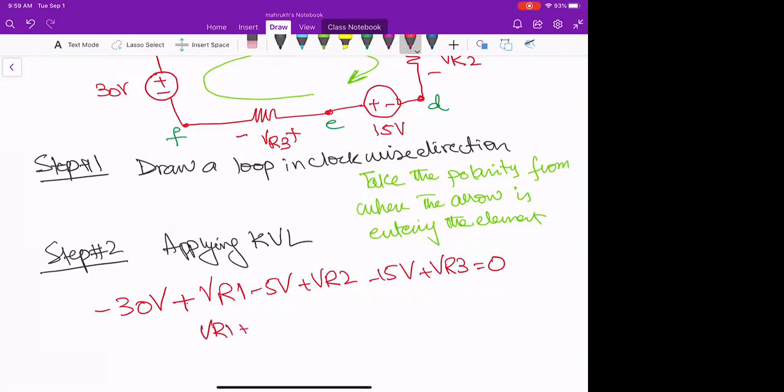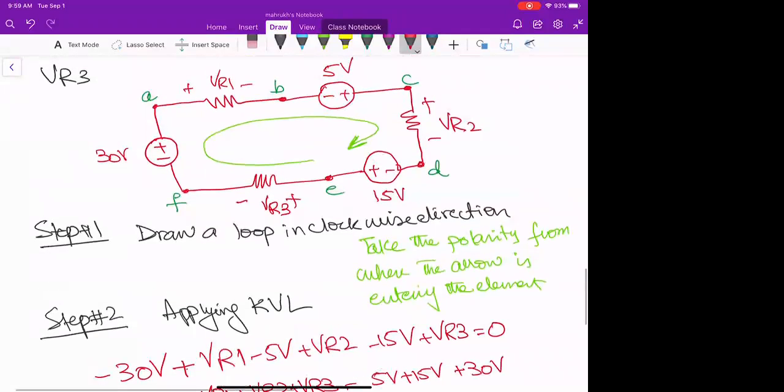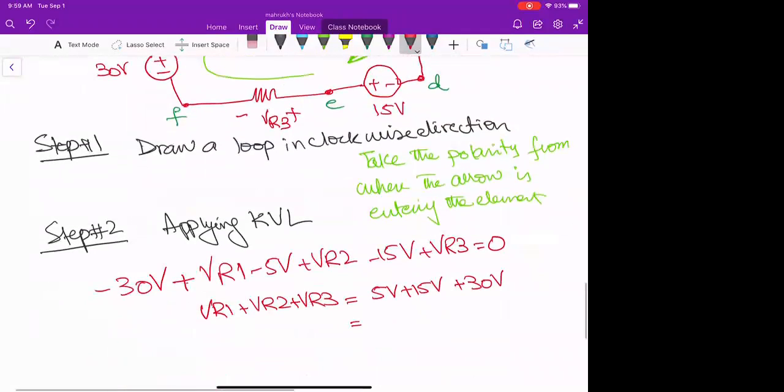If I rearrange this, VR2 plus VR3 will be equal to 5 volts plus 15 volts plus 30 volts, which is equal to 20 and 50 volts, right?